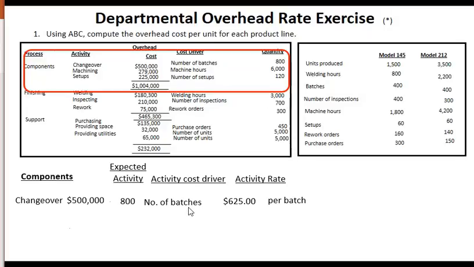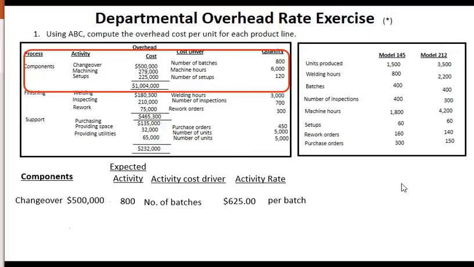So we're going to take the $500,000 divided by the 800 of our expected activity. So our rate is going to be $625 a batch, which means every time we produce a batch for model 145, it'll cost $625. When we produce a batch for model 212, it'll cost $625. So each model number will be paying for that activity.